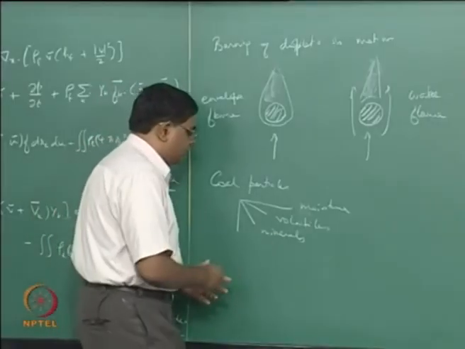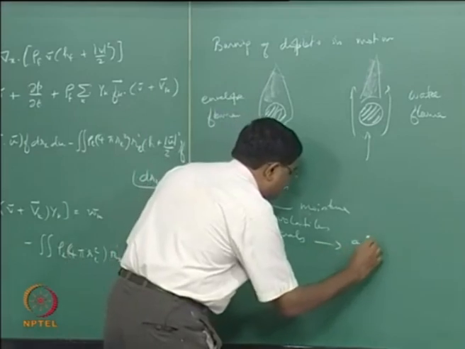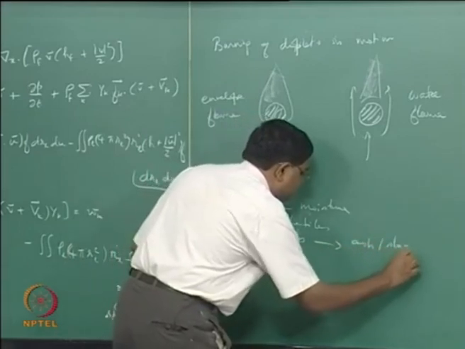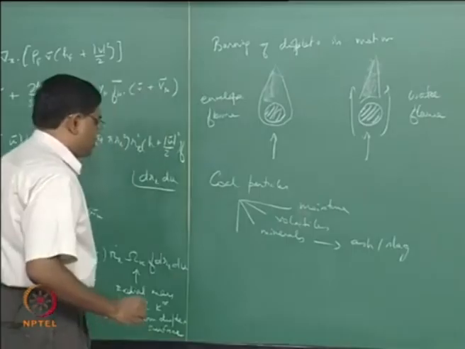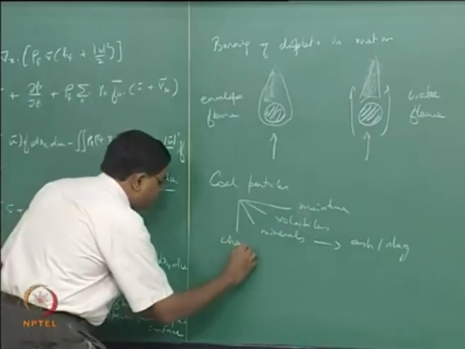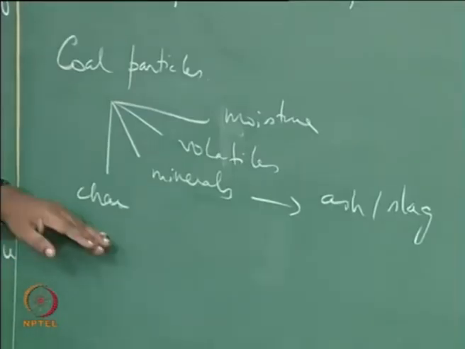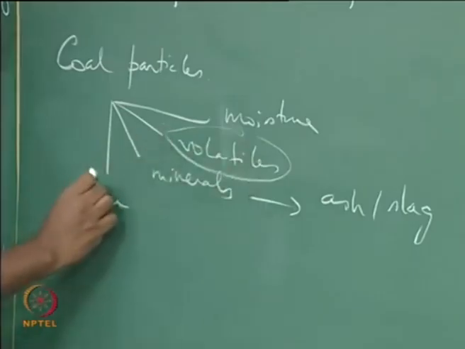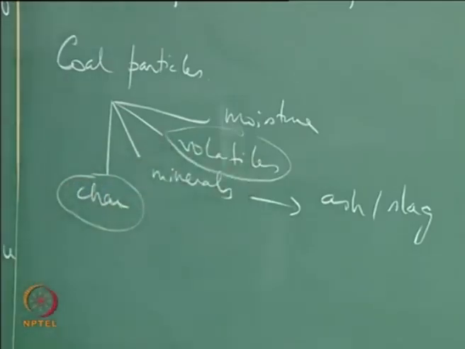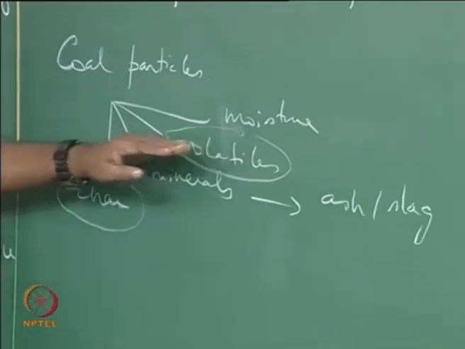So this produces ash and slag, and then of course you also have char. This goes through a solid phase combustion and gives rise to a residue, and so effectively you're looking at only two parts of this that are giving rise to energy.